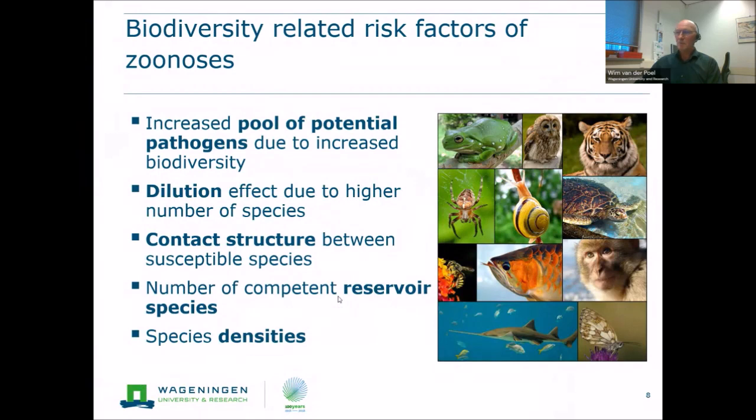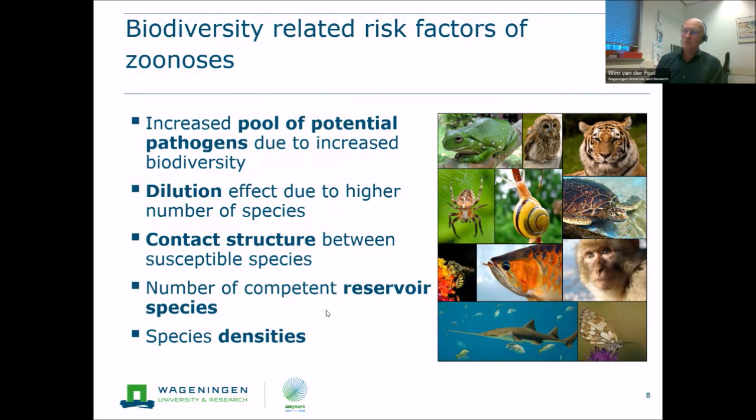Biodiversity loss has different ways of influencing the transmission of agents between species. You could say that an increasing number of species could house more pathogens, but on the other side, there is also changing contact structures between species, which means that there will be a changing transmission of agents between species.